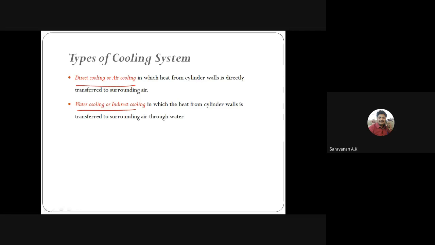Prasanna Venkatesh and Sarveswaran, stay back, and others you can leave. Then Joel and Jyoti Shankar, you may stay back; others you can leave the class.